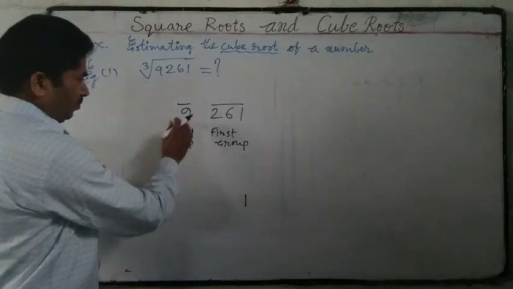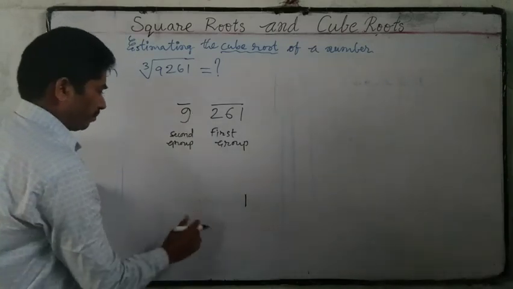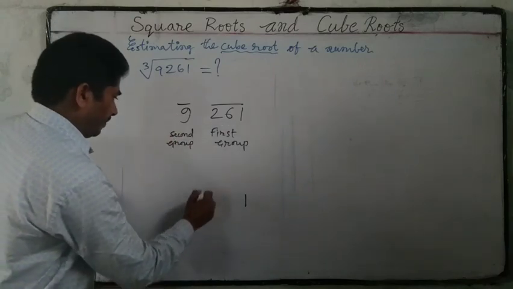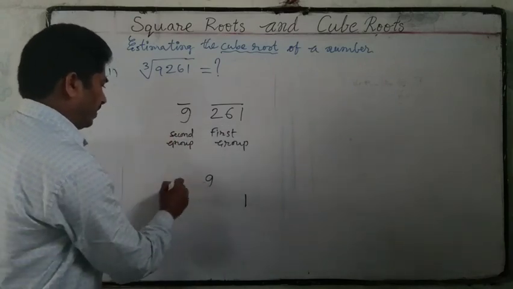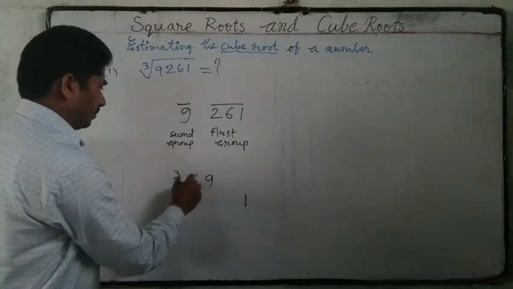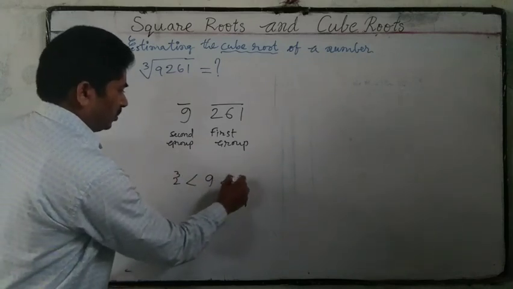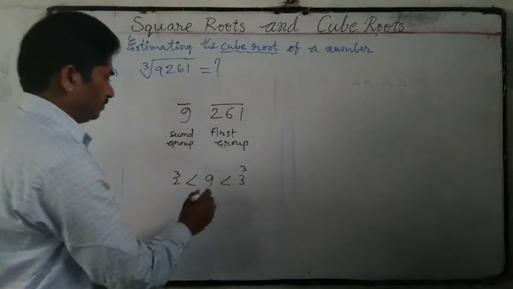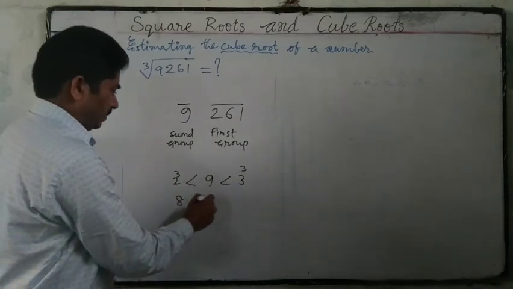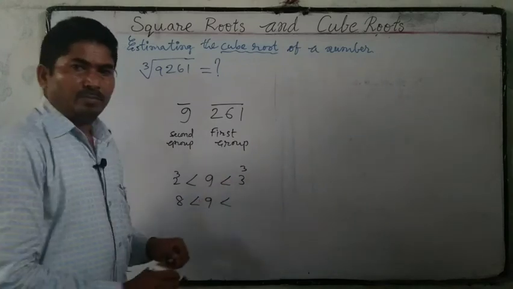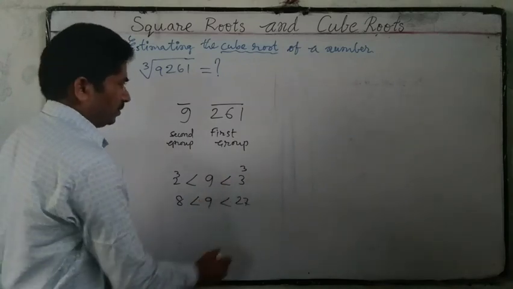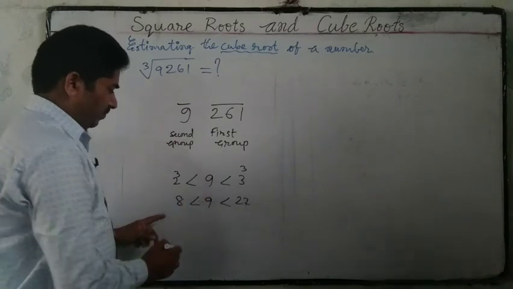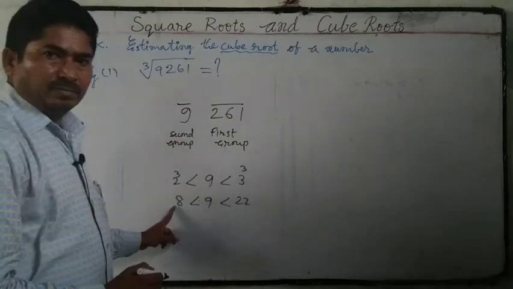Next we have to test 9, the second group. 9 is between 2 cube and 3 cube. 2 cube is 8, 3 cube is 27. So 9 is very close to 8.